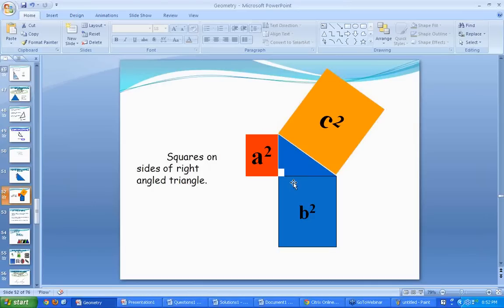I hope this figure is self-explanatory. This was just trivial information to tell you how and why this formula works. H square is equal to p square plus b square, or in this case c square is equal to a square plus b square.